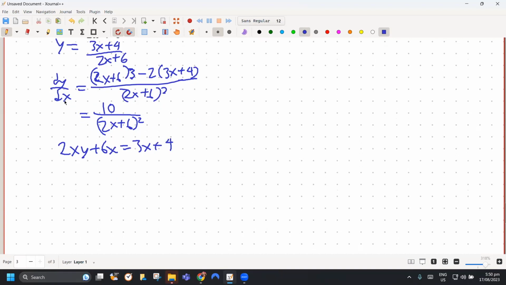Teka, saan galing yan? Teka, before ka dumiretso dyan, calculate mo na yung 1 over dy dx. Kasi gagamitin mo yun, di ba?